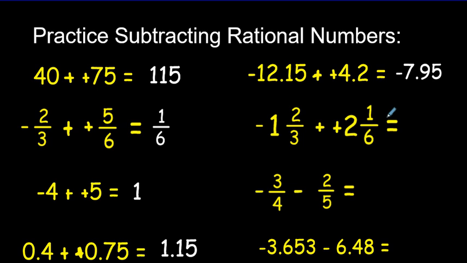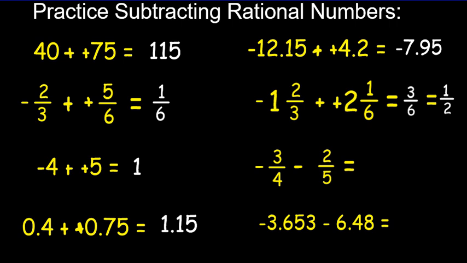Therefore, the sum will be a positive value. But in a sense, you're subtracting these two numbers. You should have gotten 3/6, which is equal to 1/2 when we simplify.